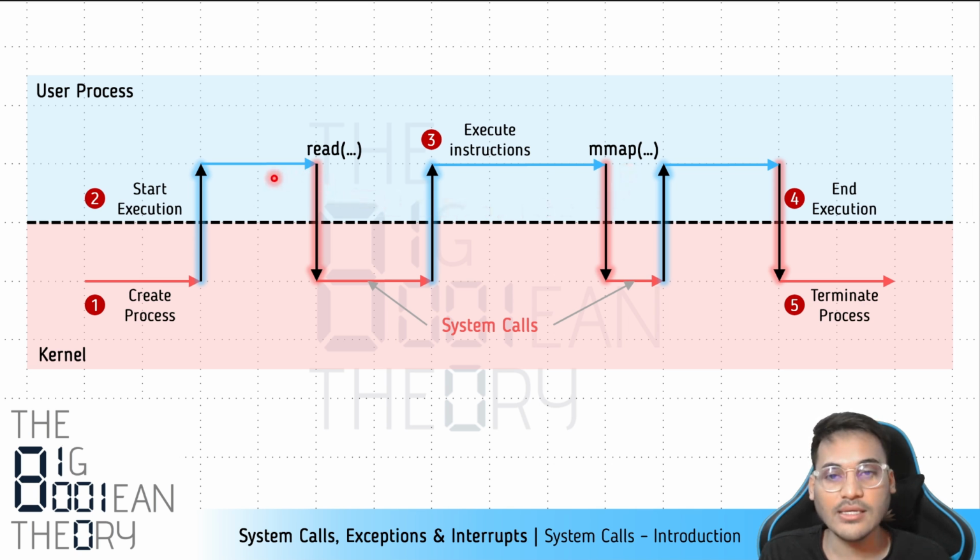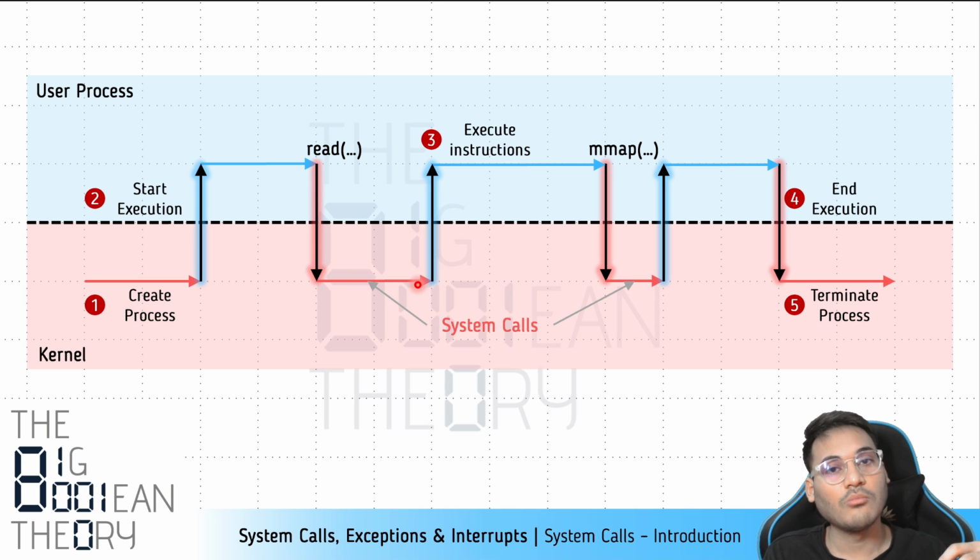As you can see, during the execution of the process, there are several occasions in which the user process requests such services, and these services come in the form of system calls. Whenever the user process makes a system call, which looks just like a function call, the control is transferred into the kernel. Some kernel code is executed.